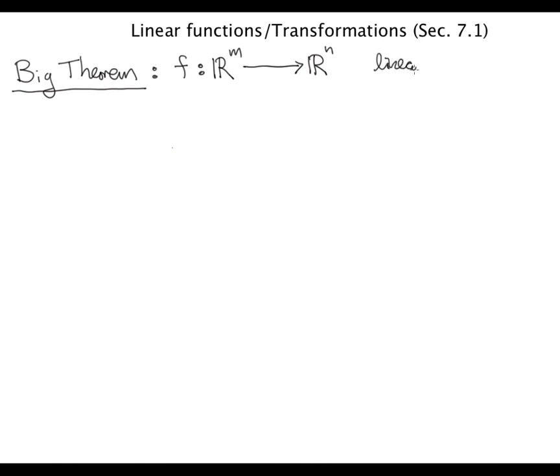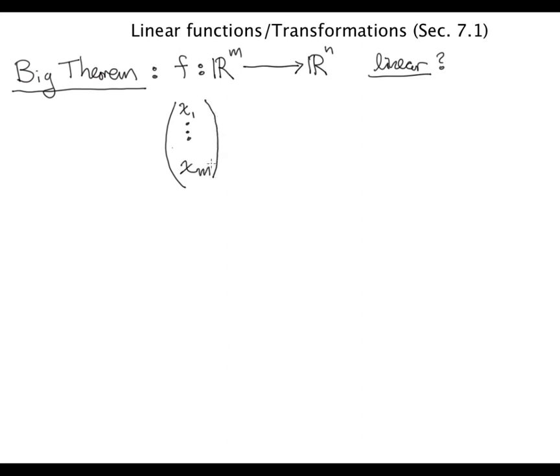Well, here's really the big theorem from this chapter. Suppose I told you I had a function f from Rm to Rn. What are all the linear functions from Rm to Rn? Well, let's write a vector of Rm as x1 through xm.